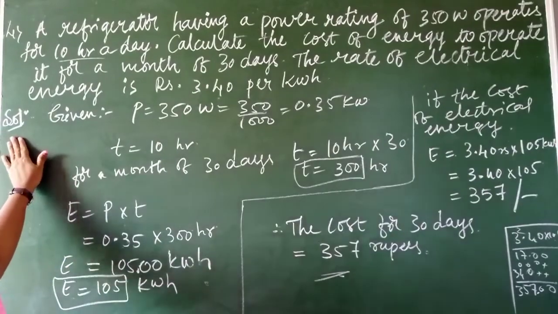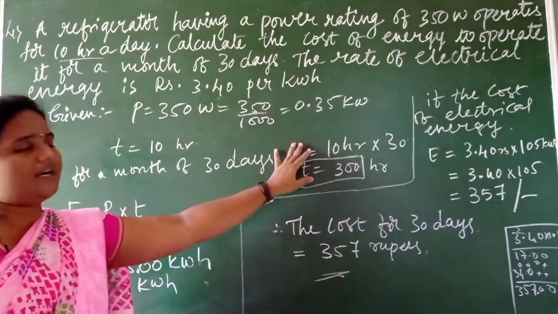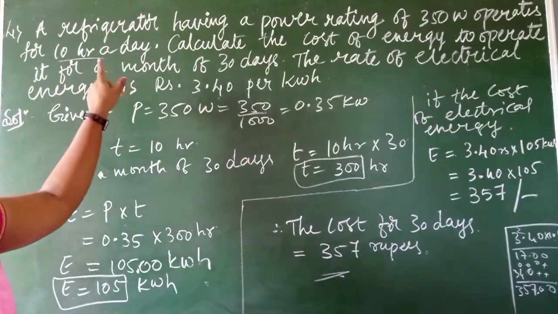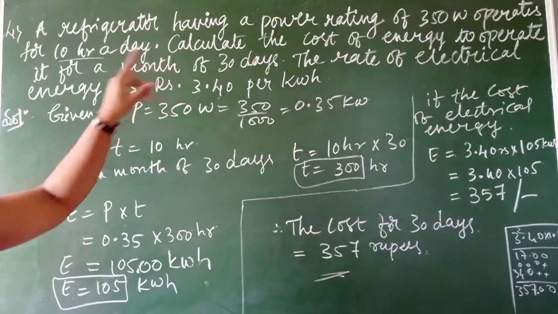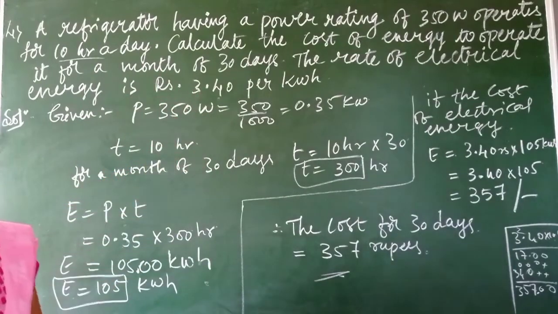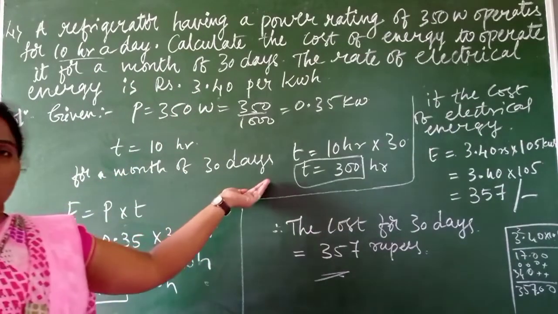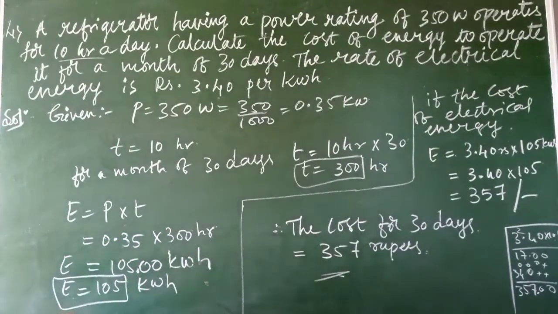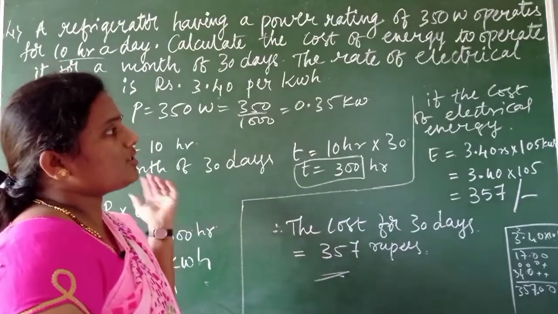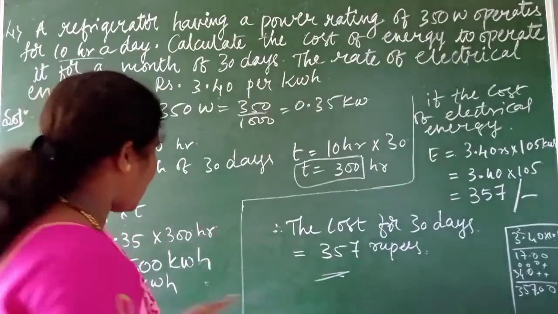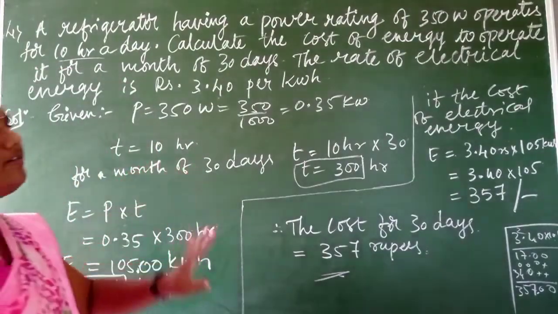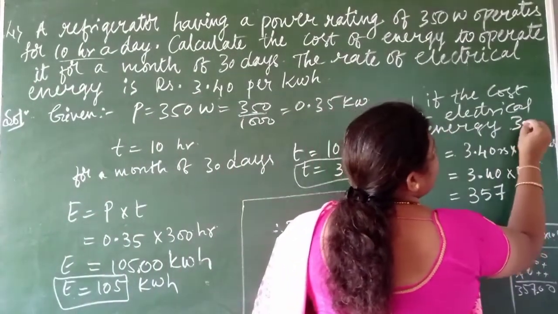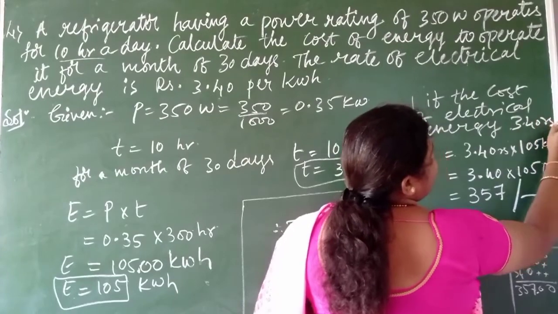First we have to convert the power value into kilowatts. After that, the time given is 10 hours a day, and we want to calculate the cost for 30 days. So we multiply to get the time value, and using the energy formula we get kilowatt hour. Suppose the cost of 1 kilowatt hour is 3.40 rupees.